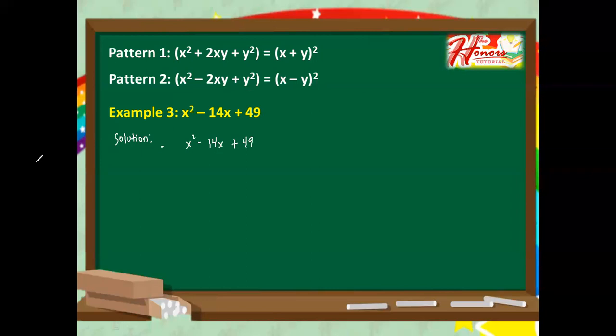And then you have to get the square root of the first term, which is x squared, and the square root of the third term, and that is 49. And then after that, let's write the square root of x squared, and that is x. It is because we have here index 2, so that's divide. So 2 divided by 2 is 1. When your exponent is 1, we are not writing it. So let 1 be an invisible number.